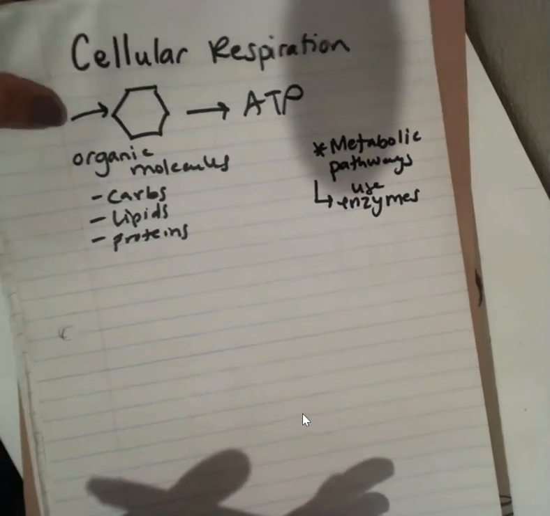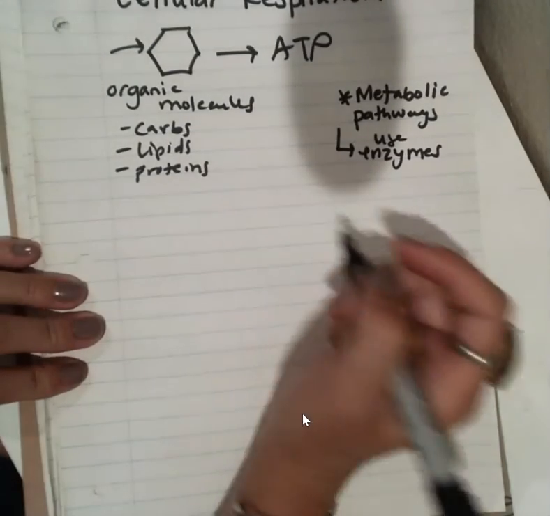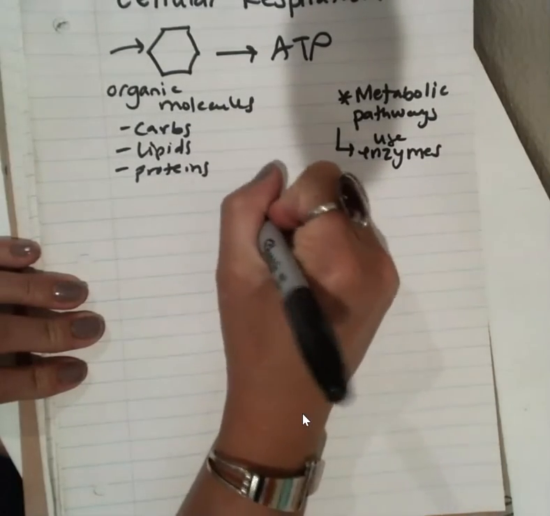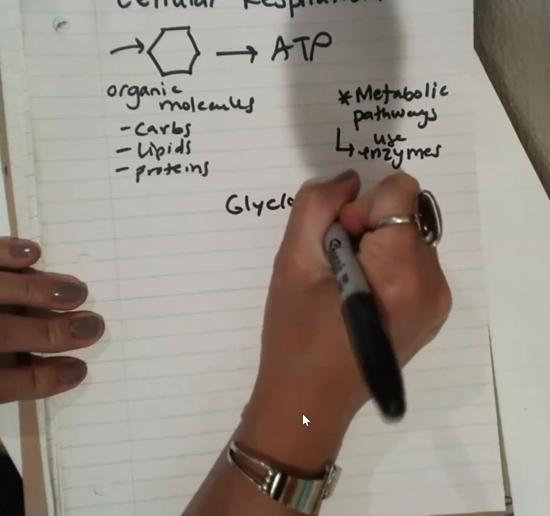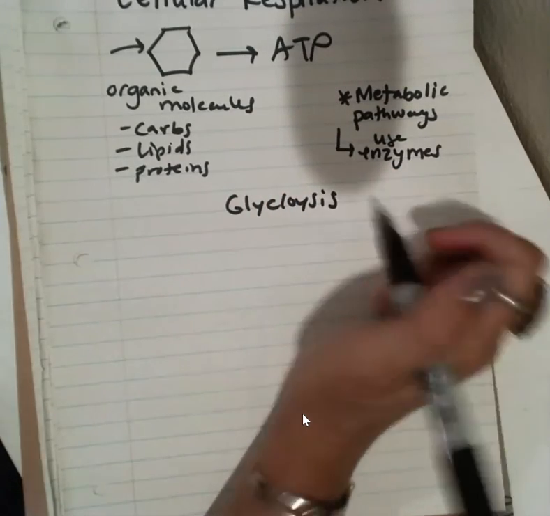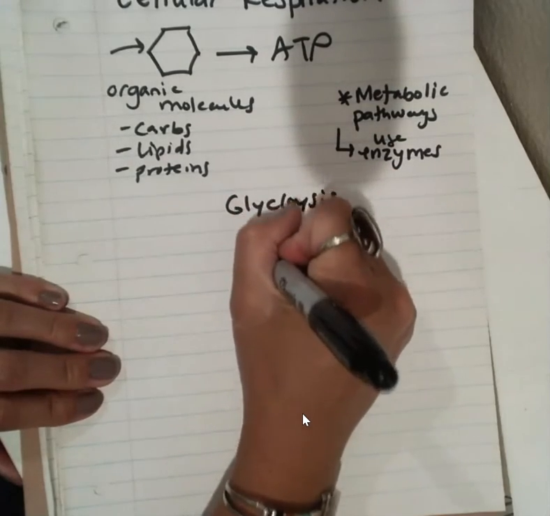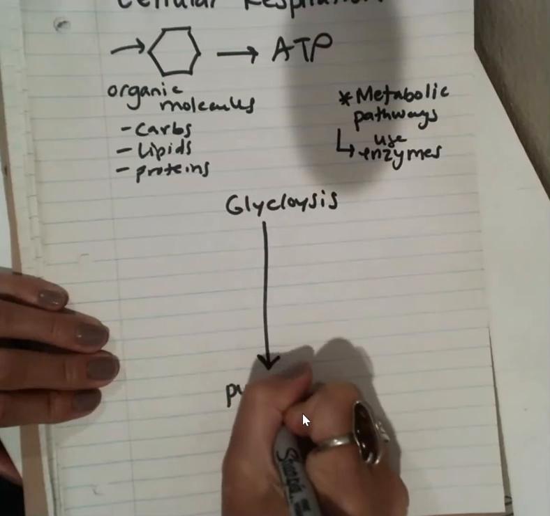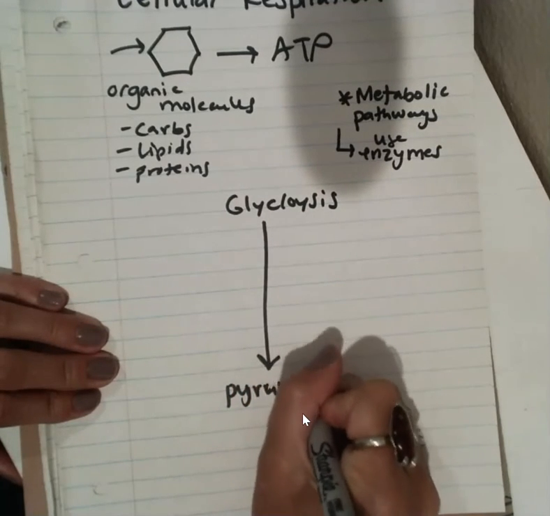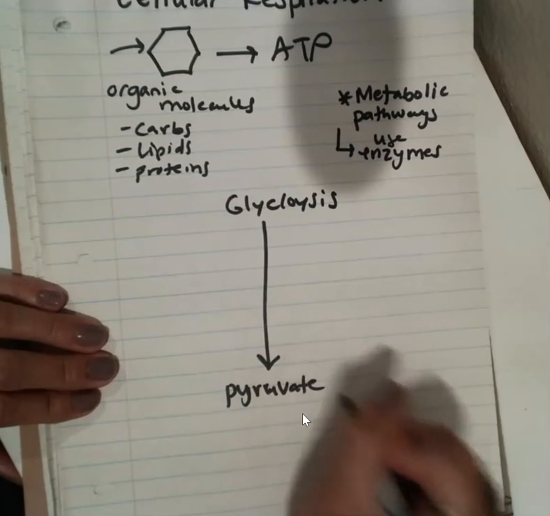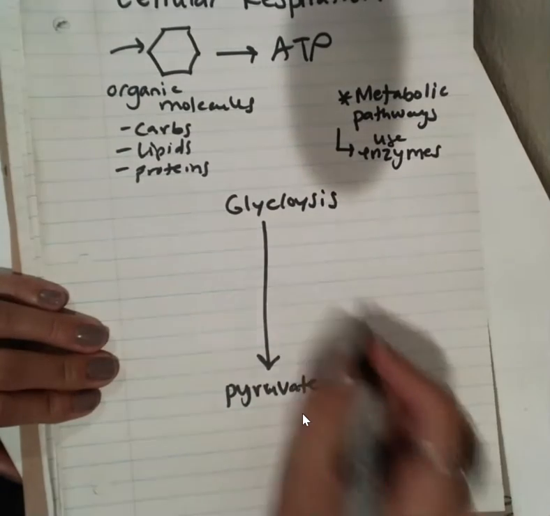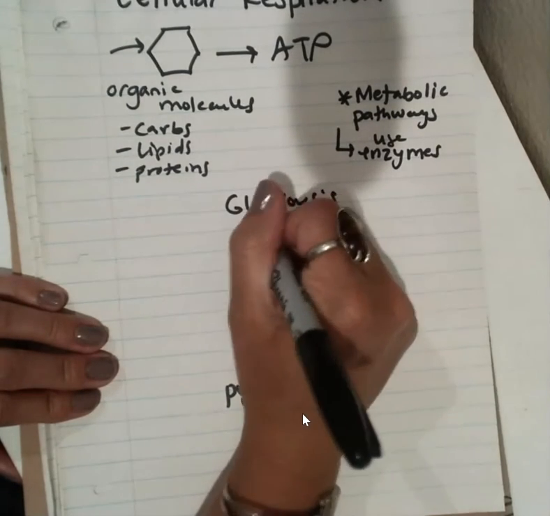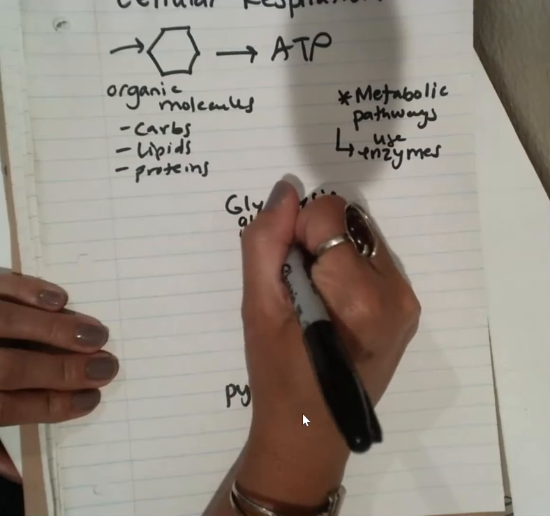So when we look at cellular respiration, we basically are going to start with glycolysis, and at the end of glycolysis, we end up with pyruvate, or pyruvic acid. So we start with glucose up here.